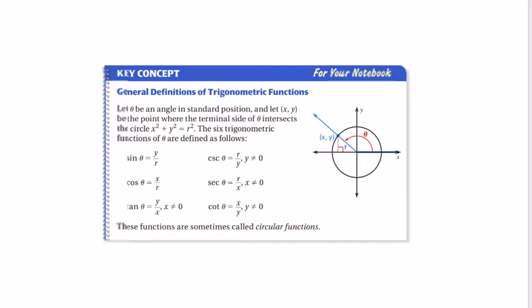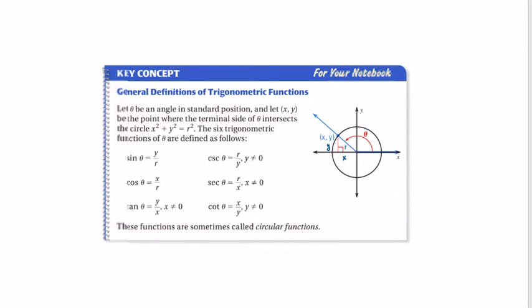So they're going to give me any point, so I'm going to go x in the left-right, horizontal direction, and y in the up-down, vertical direction. By giving me a point, they're giving me two sides of a triangle, and then the third side is going to be my radius, the distance between the origin and the circle that I can draw.